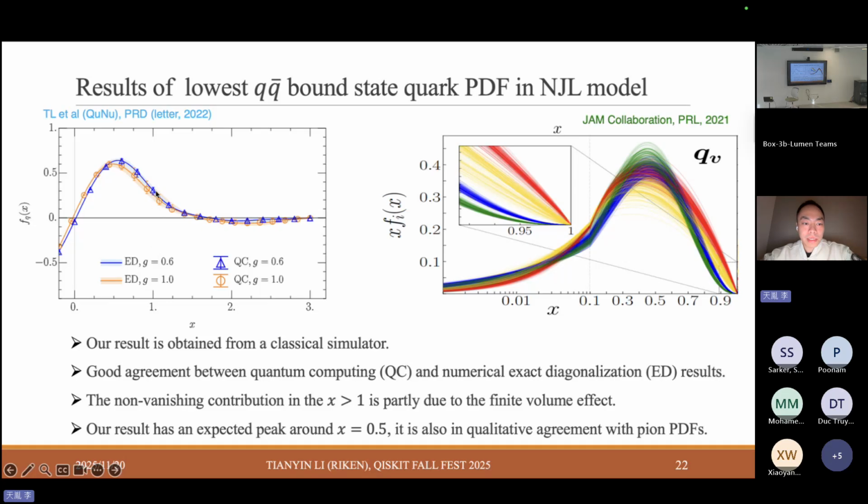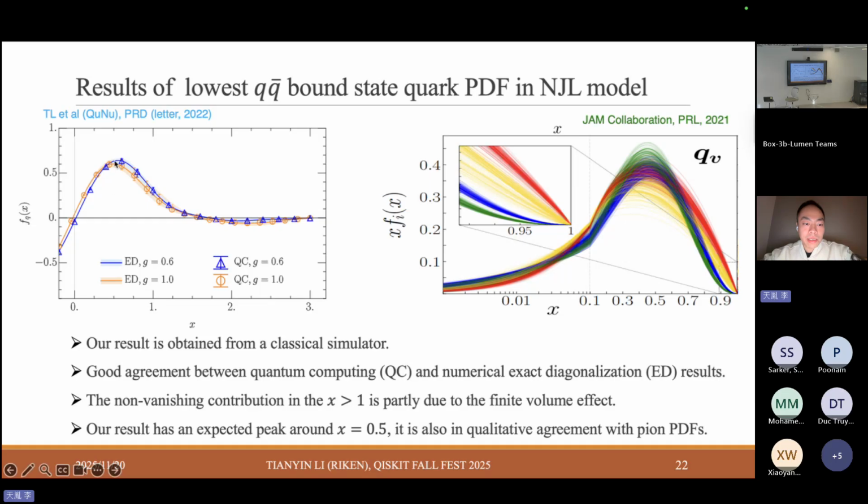And we find that the parton distribution function has non-zero contribution at x larger than 1, the non-physical region. That is due to the finite volume effect of the lattice system.